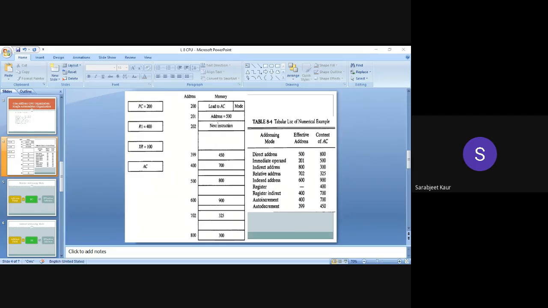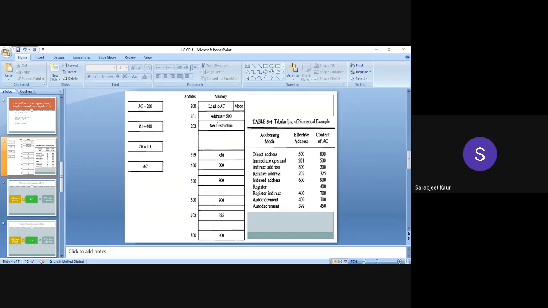But after completing this task, after getting 700, then I increment 400 to 401. So if after the execution of this instruction, you look at the value of R1, it will become 401. It is not written anywhere here, but it will become 401.